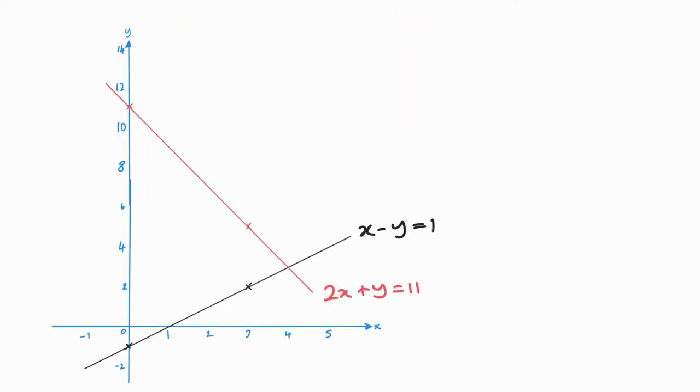And here I have my two graphs drawn, and you can see that they meet here at the coordinates 4, 3. So they're meeting at the coordinates 4, 3, and this is the solution to these simultaneous equations.